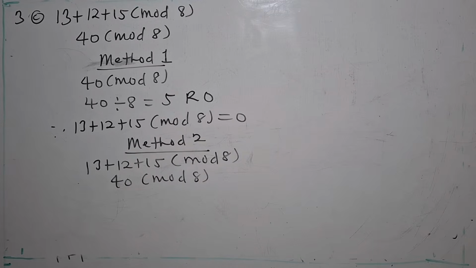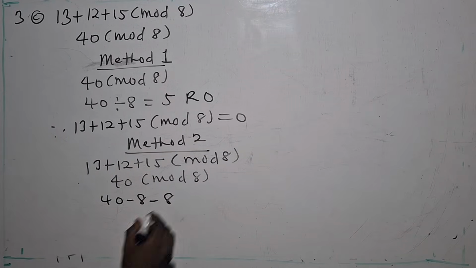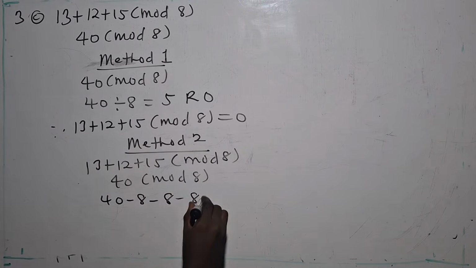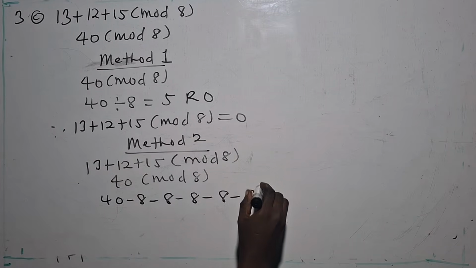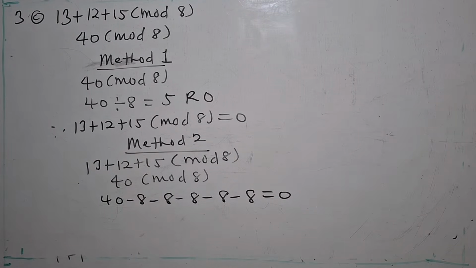So 40 minus 8 gives us 32. Then minus 8 again gives us 24. Minus 8 again gives us 16. 16 minus 8 gives us 8. Then 8 minus 8 gives us 0.